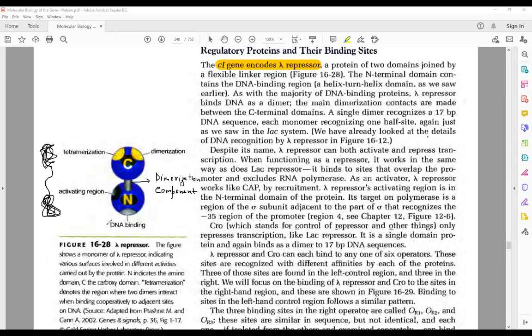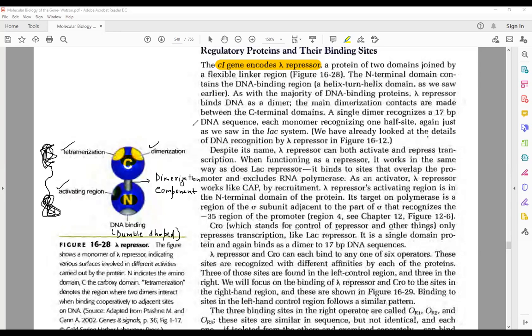The structure of this lambda repressor resembles a dumbbell-shaped structure. It contains the C-terminal domain, which has the dimerization component and the tetramerization component. There is another region referred to as the activation region, from where the activation of the linking of these lambda repressor molecules is going to occur.